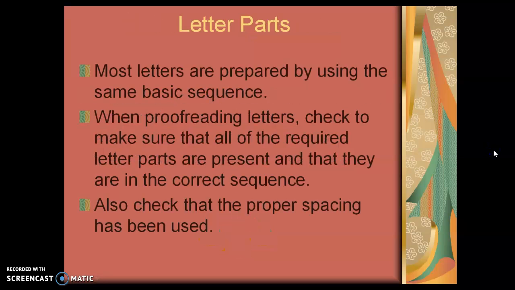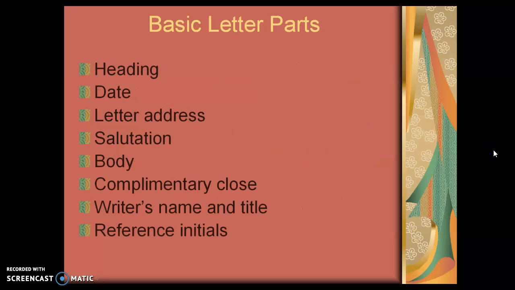Letter parts. Most letters are prepared by using the same basic sequence. When proofreading letters, check to make sure that all of the required letter parts are present and that they are in the correct sequence. Also check that the proper spacing has been used. Basic letter parts.